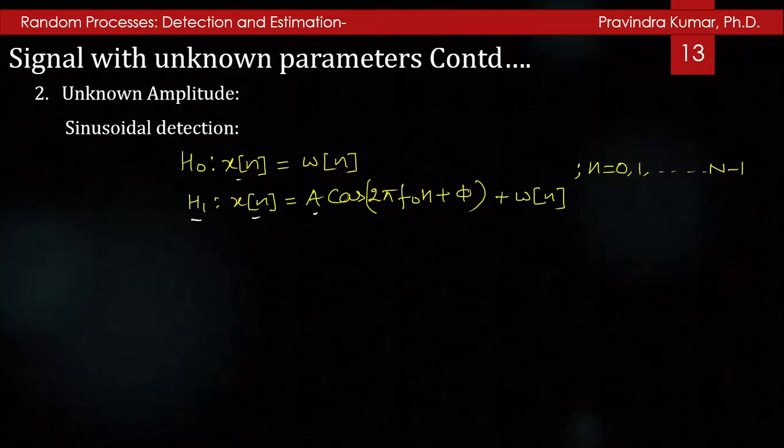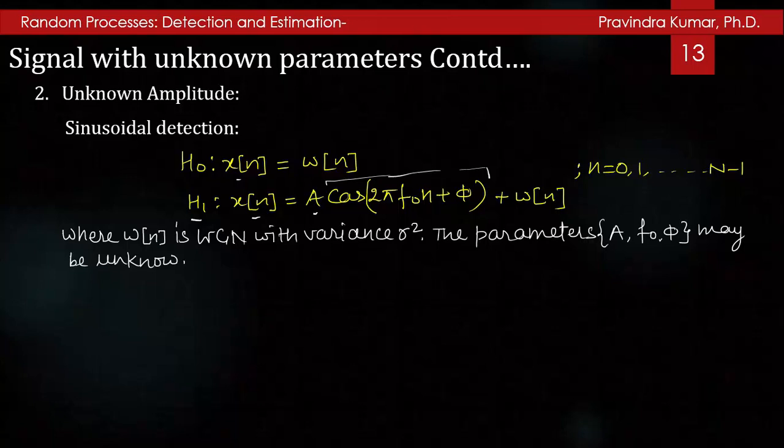Here in place of s[n], the signal is in the cos form, A cos(2π f0 n + φ), where w[n] is white Gaussian noise with zero mean and variance σ², and the parameters A, f0, φ may be unknown. Here the unknown parameters are deterministic.